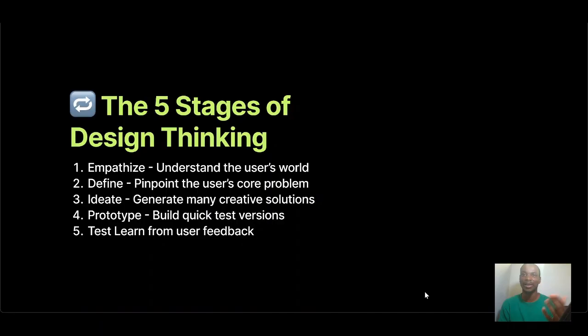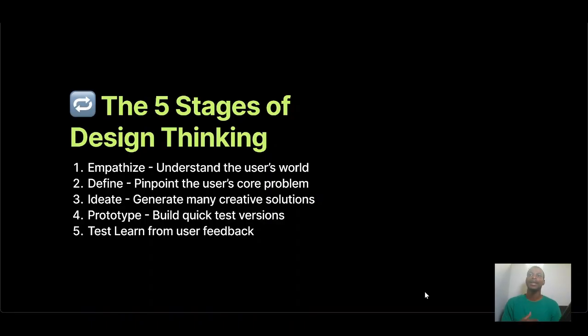Because you cannot give a solution to a problem you have no idea about, or you've never experienced or don't know what it's like. So this is the first stage: empathy, putting yourself in the user's shoes, trying to see through the lens of the user.